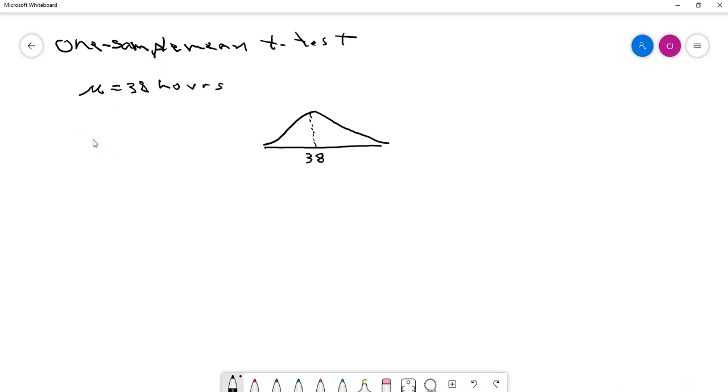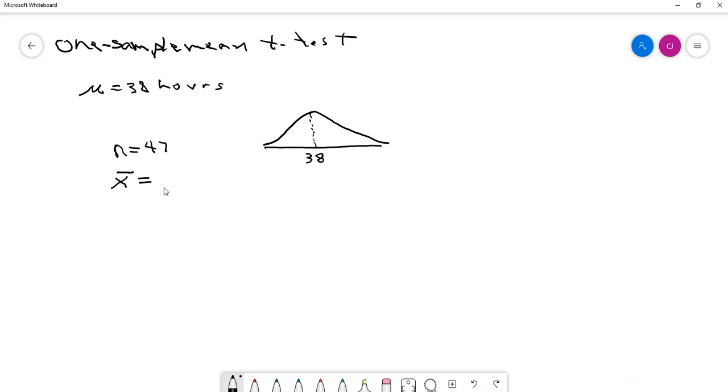All right, so we go out and collect the sample. For this sample, n equals 47 cars. They're going to take 47 cars and, after the modifications, measure on average how long it takes to assemble those cars.